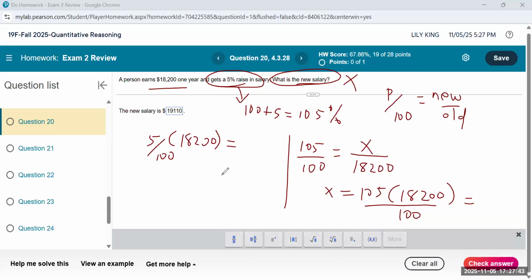This gives an increase of $910. And then you add that back to the 18,200. And that gives you the same result, $19,110.